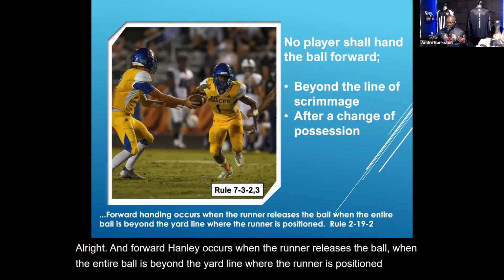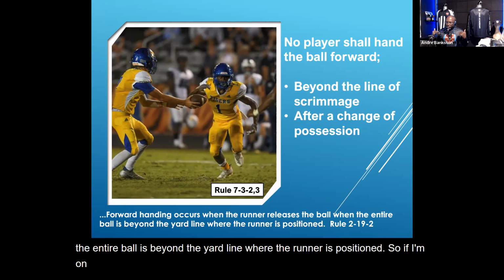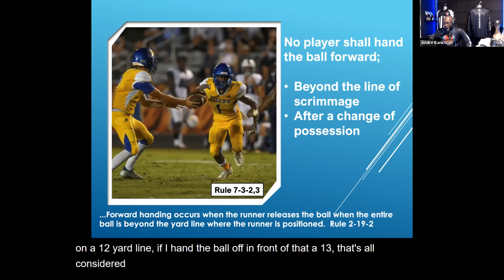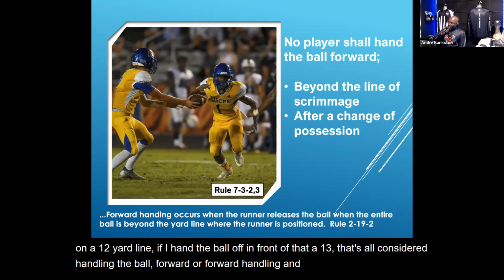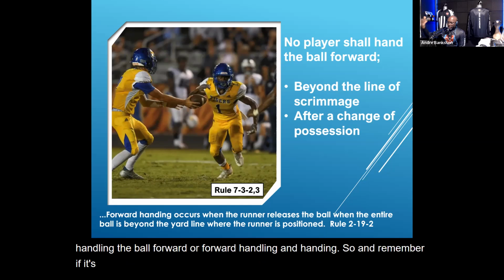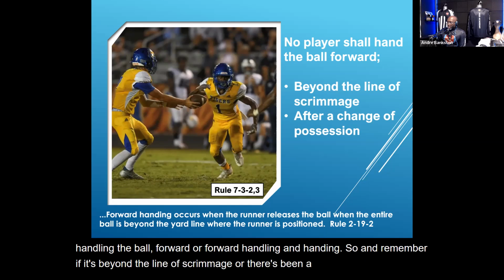So if I'm on the 12-yard line and I hand the ball off in front of that, at the 13, that's all considered handing the ball forward. Remember, if it's beyond the line of scrimmage or there's been a team change of possession, it is not allowed. It is a foul.